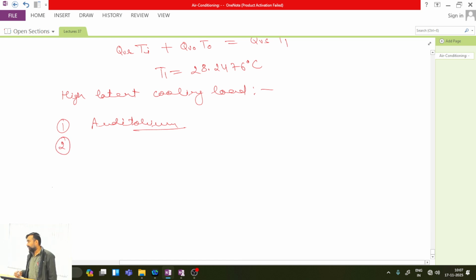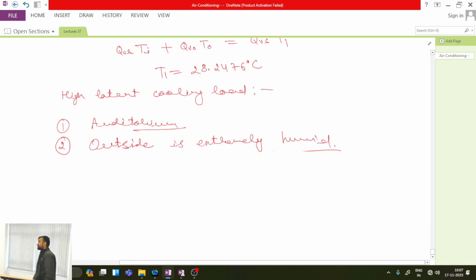The second situation could be if outside is extremely humid, then what will happen? We typically have some infiltration. For example, if you go to places like Bombay, Goa, which are close to the sea, the air typically contains a significant amount of moisture.